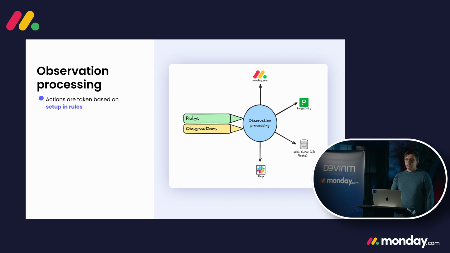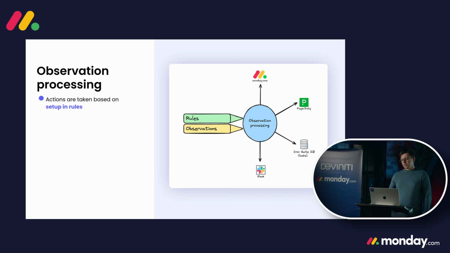Maybe they want to create PagerDuty alerts. Maybe there's a limit exceeded where we want to create a log in our database that can be shared with the services, and many others. It's up to developers to decide how they use it, because once again, we don't know their domains, and it doesn't make sense to treat them all the same way.